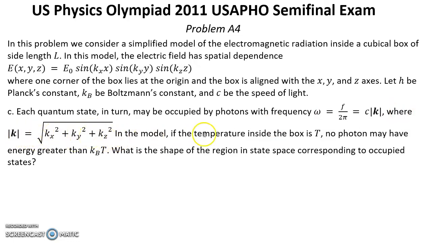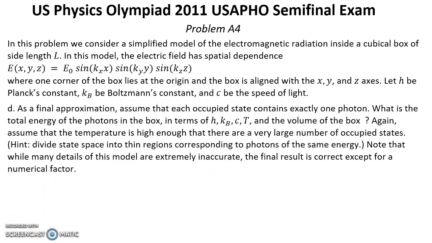If the temperature inside the box is T, no photon may have energy greater than kBT, where kB is the Boltzmann constant. What is the shape of the region in state space corresponding to occupied states?